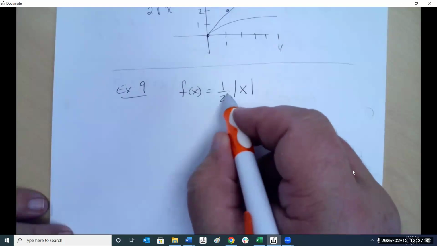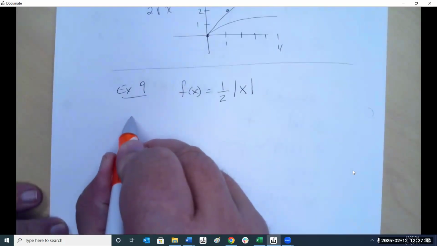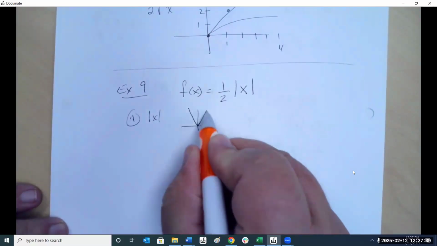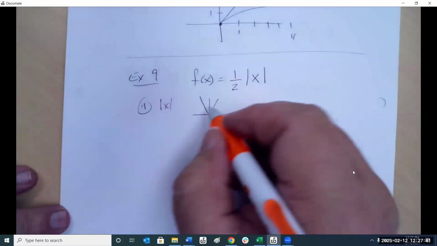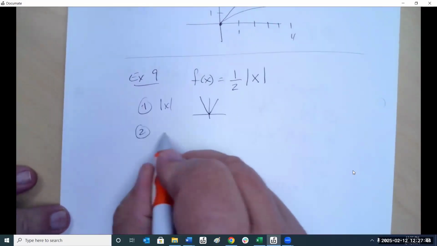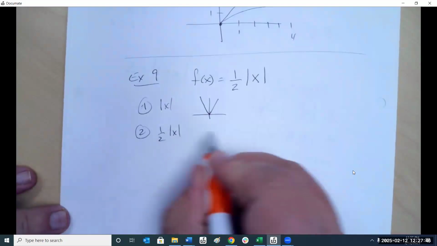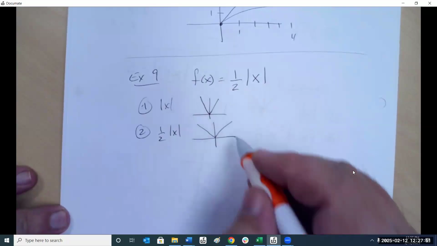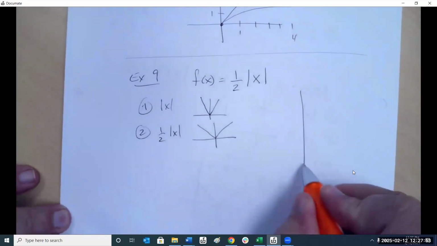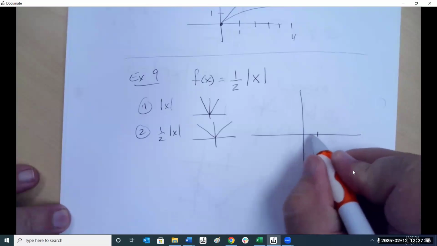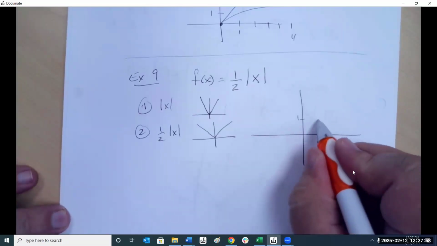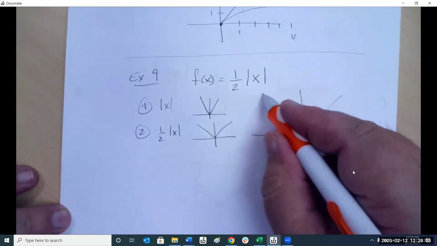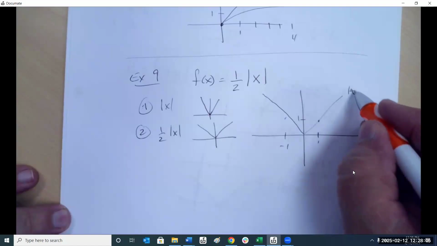Since it's a fraction, it's going to be a shrink, which tells us, okay, so our first one is absolute value, which is a V. What's now going to happen is our vertical values, it's going to push down. So instead of 1, 1 and -1, 1, which is the original, this is the absolute value of x.